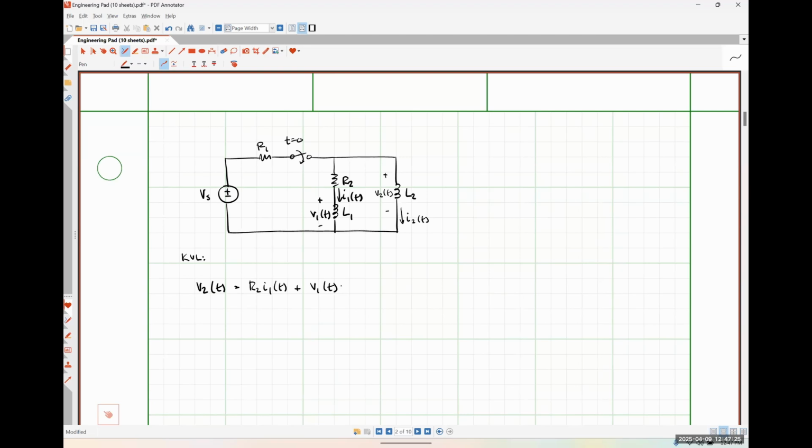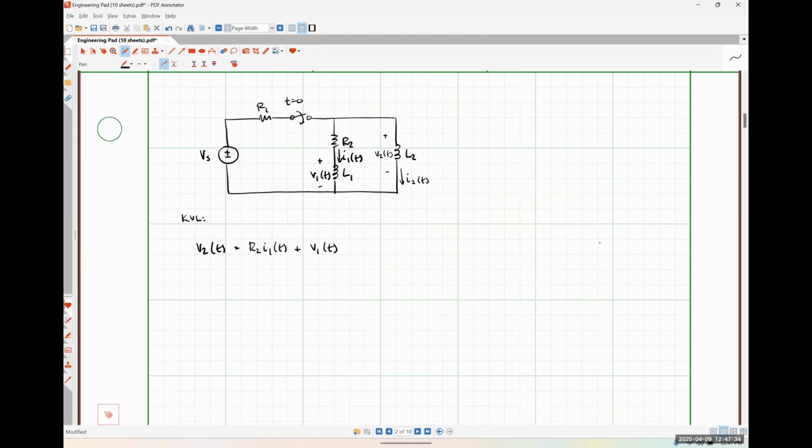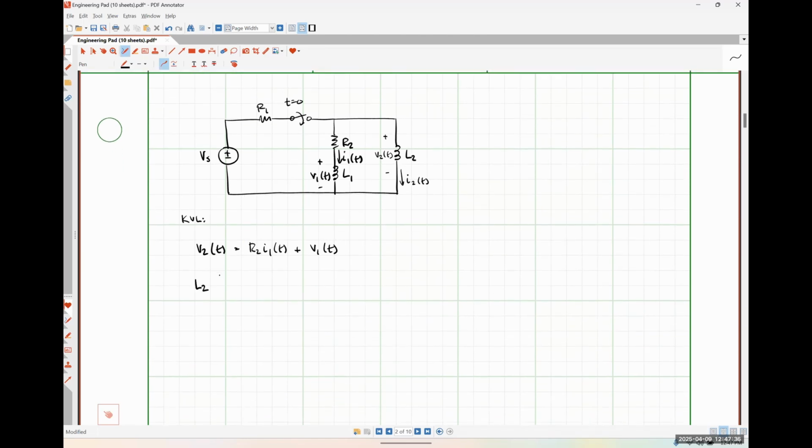I need to express both of those inductor voltages in terms of my inductor currents. So that would look like L2 times the derivative of I2 with respect to time is equal to R2 times I1 plus L1 times the derivative of I1 with respect to time. So that's my first equation.